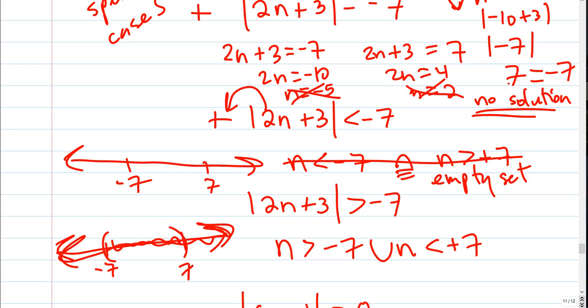This is an or, so I'm not looking for the overlap. I'm looking for everything. So this would be from negative infinity to infinity, or all real numbers. Why does that make sense again? Because what comes out of the absolute value always has to be positive. So when will a positive number be greater than a negative? For any value of n, you will end up with a positive number being greater than that negative.